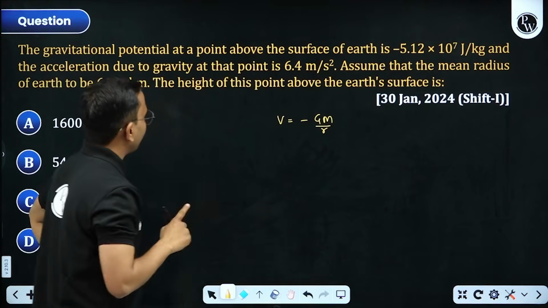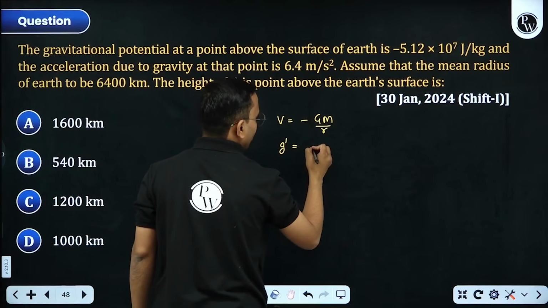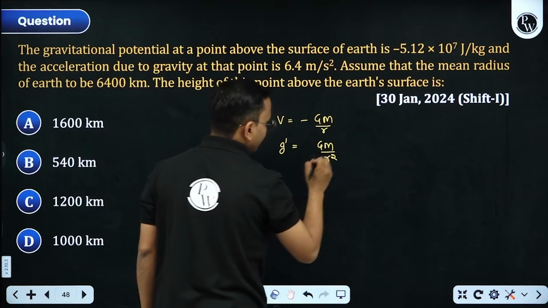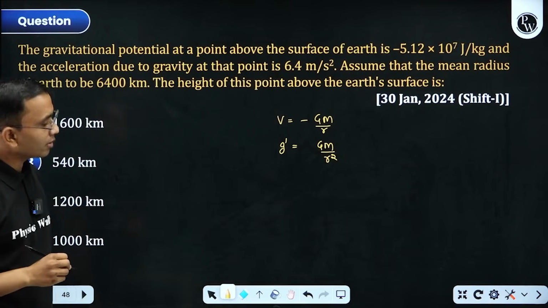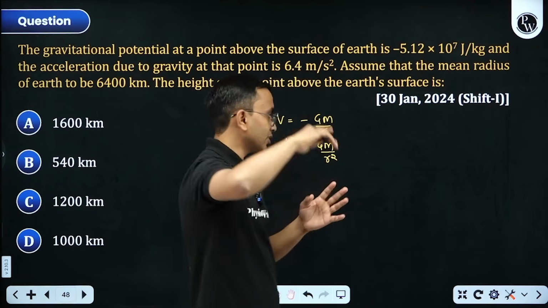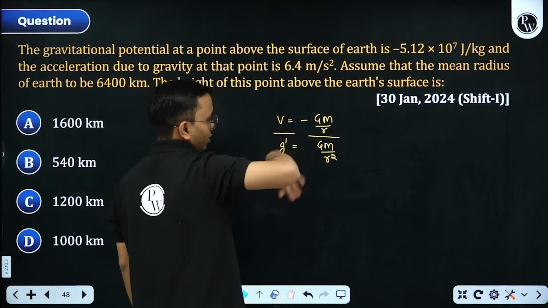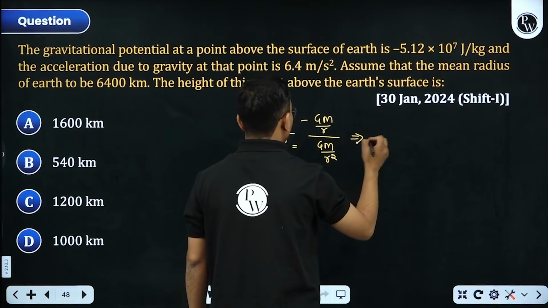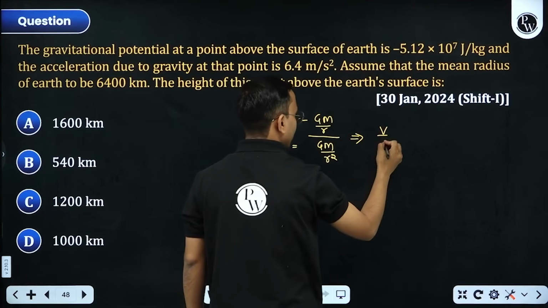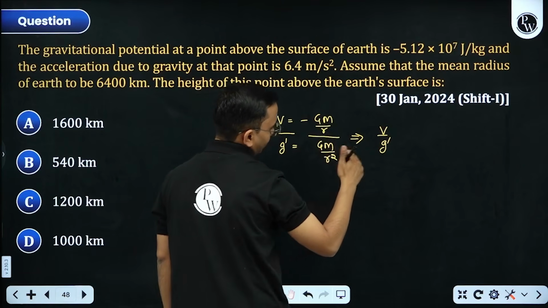Acceleration due to gravity, if I write g dash, that will be GM divided by r square, because the distance from the center is small r. Divide these two. Just take the magnitude, neglect the sign, or you may consider the sign because anyway that sign will get cancelled. So V by g dash comes out to be r, isn't it?